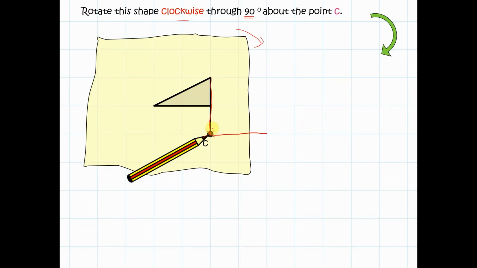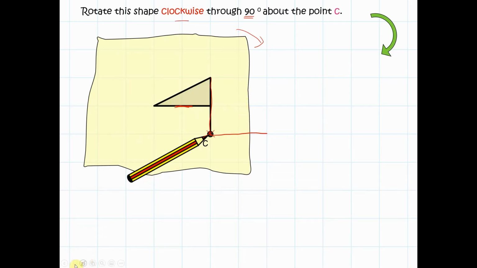Since we are turning 90 degrees, something which is vertical will now become horizontal. That's how we know that we have finished rotating the shape, when a vertical line becomes a horizontal one, or when a horizontal line, in this case this one, becomes a vertical one.